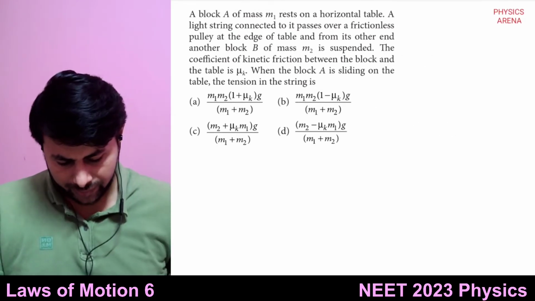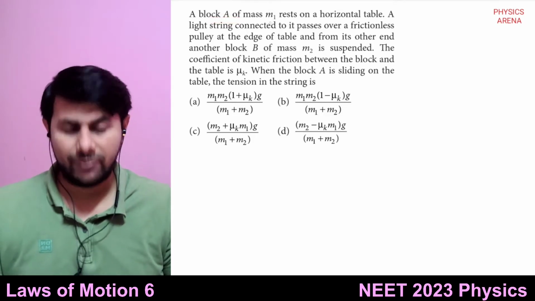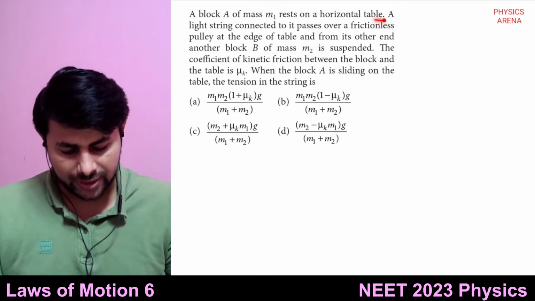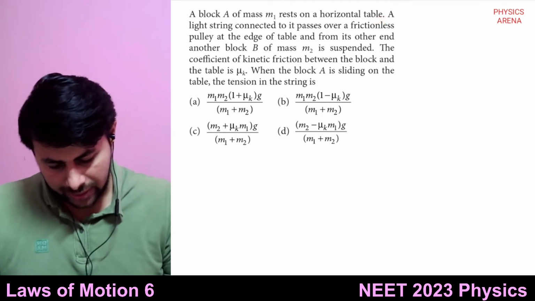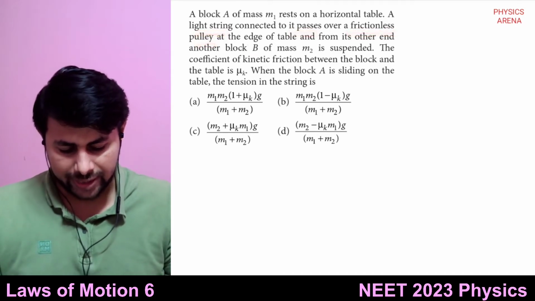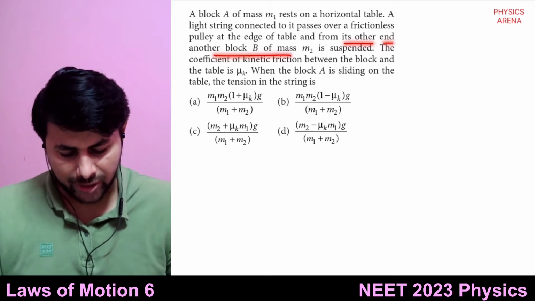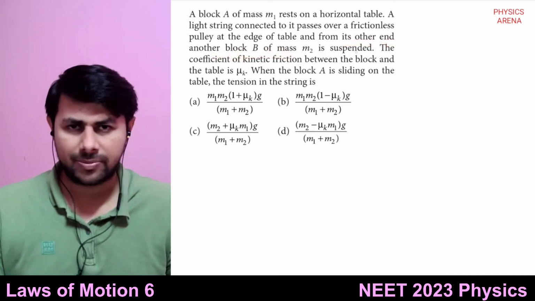A block A of mass m1 rests on a horizontal table. A light string connected to it passes over a frictionless pulley at the edge of the table, and from its other end, another block B of mass m2 is suspended.